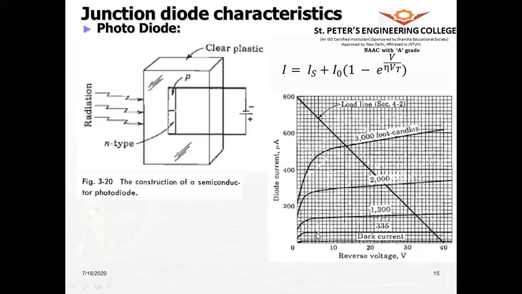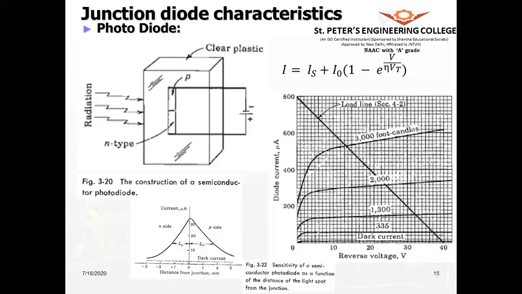This is what we can observe from the VI characteristics graph of this photodiode. If you observe the sensitivity of this photodiode, it is very sensitive near the junction, and the sensitivity decreases as we go away from the junction. So when we project the light, it should fall more on the junction than away from the junction.